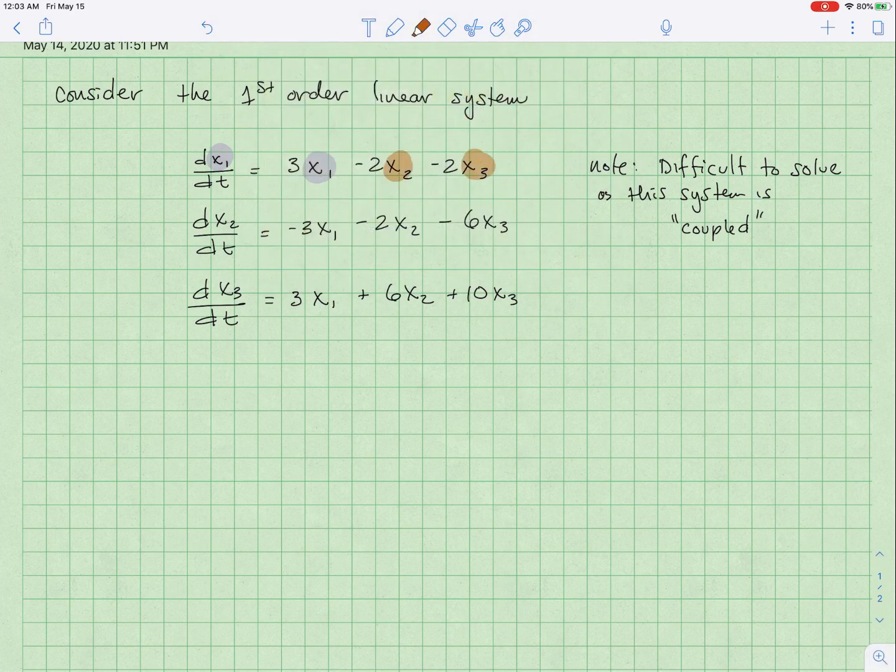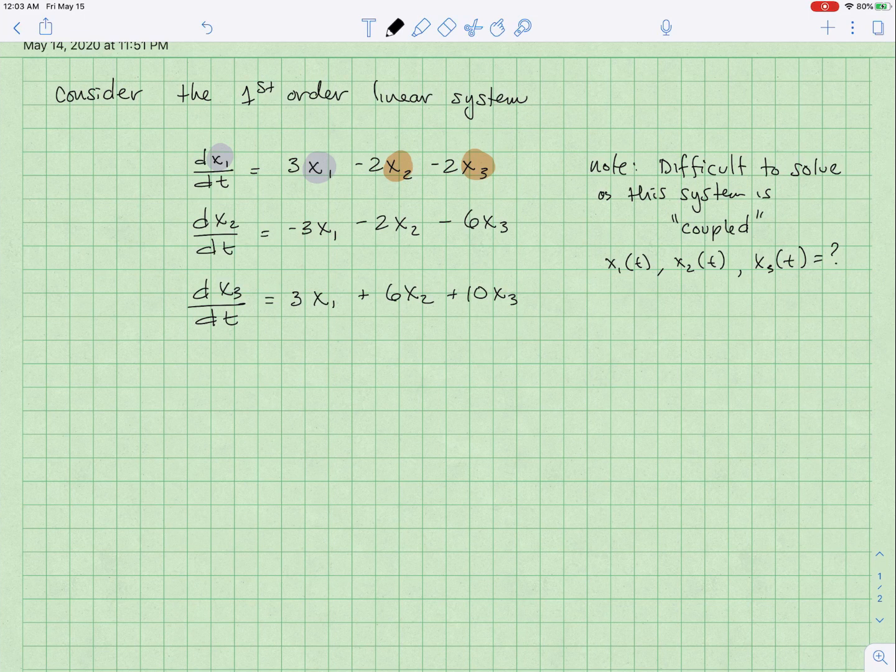I don't know what x2 or x3 is, and so what we're doing here is we're assuming that x1 is a function of t, x2 is a function of t, and x3 is a function of t, and these are all unknown to us. Now, that's notoriously difficult to solve because I simply do not know what these other functions are.